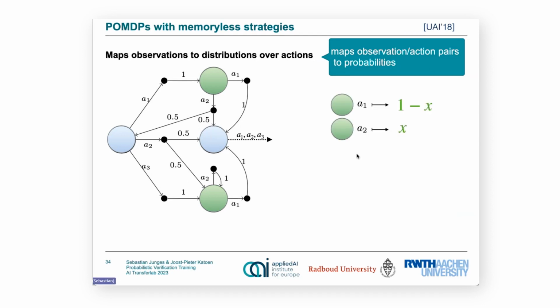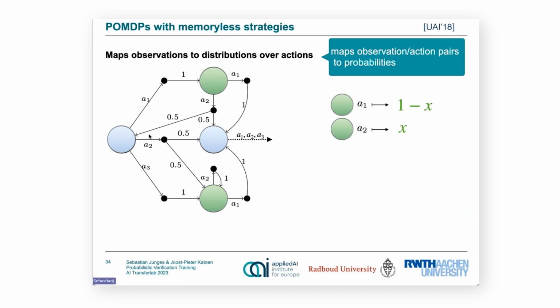So for example, if we are in the green state, then we are going to take action A1 with probability 1 minus x, and we're going to take action A2 with probability x. That's the same thing as defining some distribution over the actions when you are in the green state.